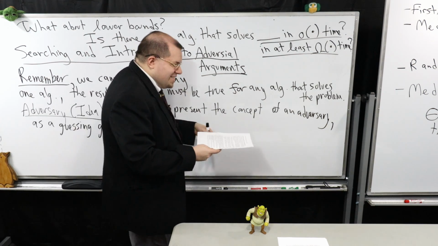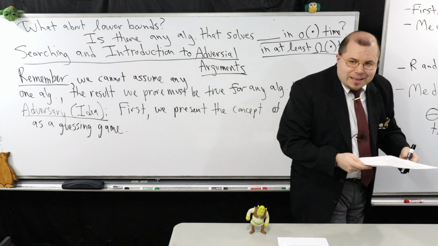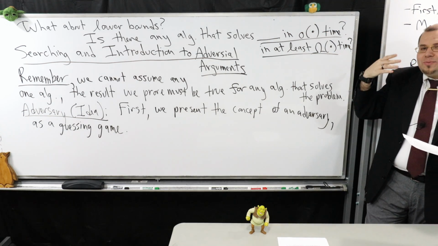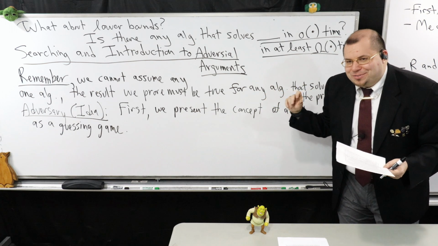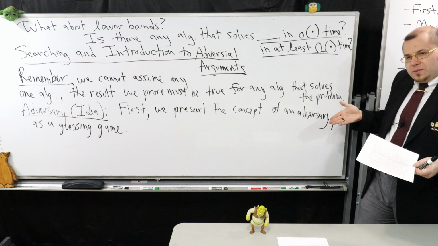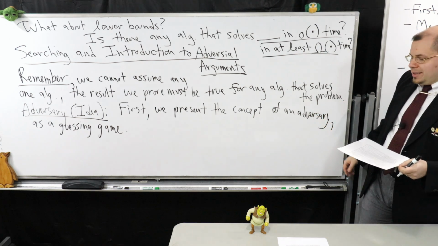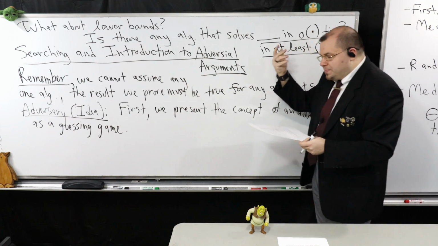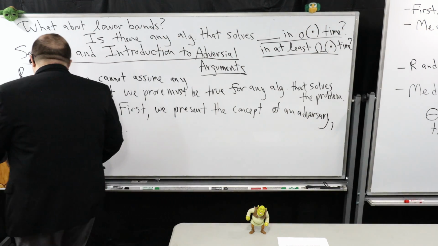So we're going to be thinking of this like a guessing game first, and then once we get to the meat and potatoes of this idea, I'm going to try to explain how it ends up getting used for developing a lower bound, okay?